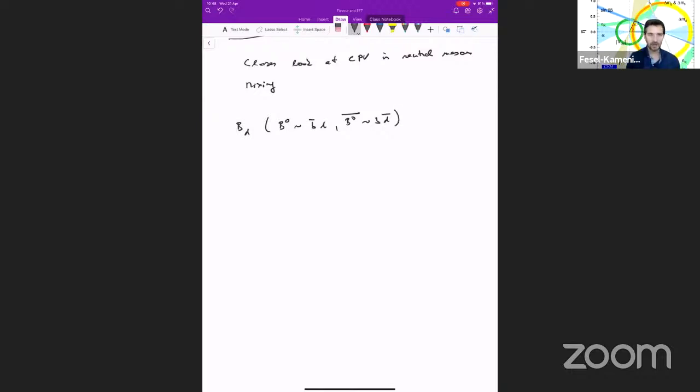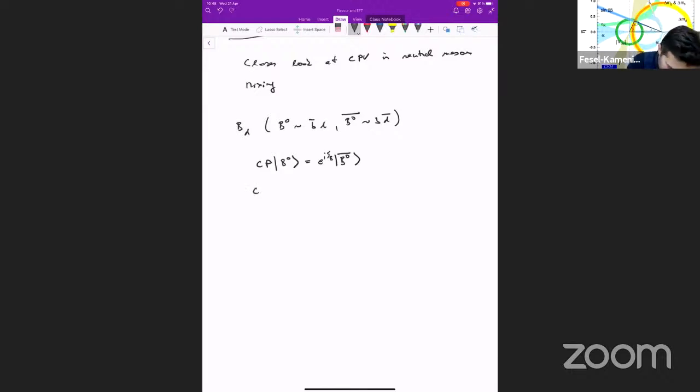Now these states are not mass eigenstates, but they have definite CP properties, namely performing a CP conjugation, so charge and parity conjugation, on a B0 state will transform it into a B0 bar state up to a phase, which we denote as psi_B.